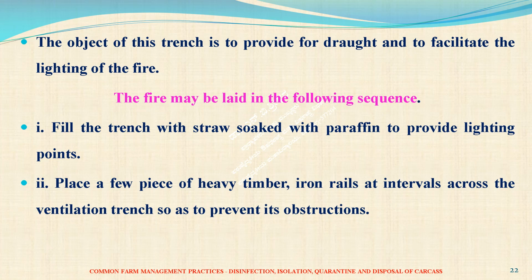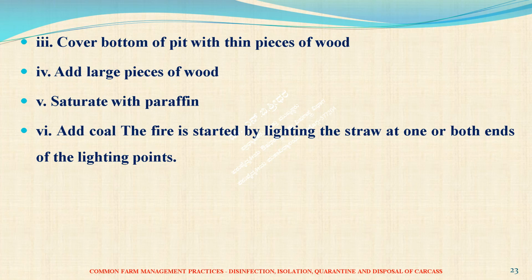The fire may be laid in the following sequence: fill the trench with straw soaked with paraffin to provide lighting points, because inflammable material should be used. Then place a few pieces of heavy timber, then iron rails at intervals across the ventilation trench to prevent its obstruction. Then cover the bottom of the pit with thin pieces of wood and add large pieces of wood, because wood always supports the burning, just like in human cremation.